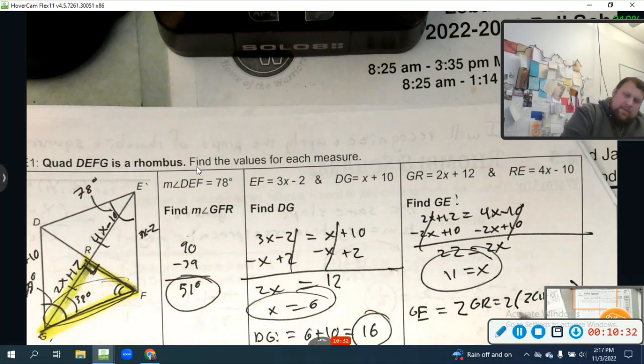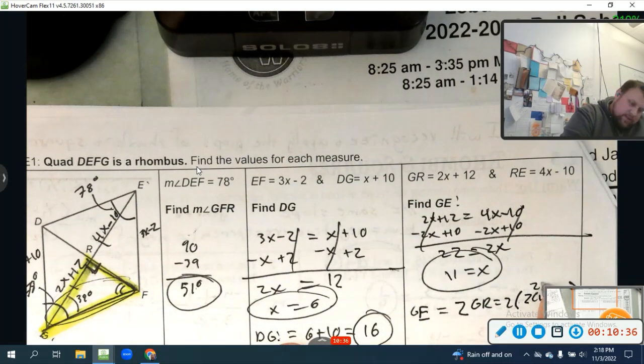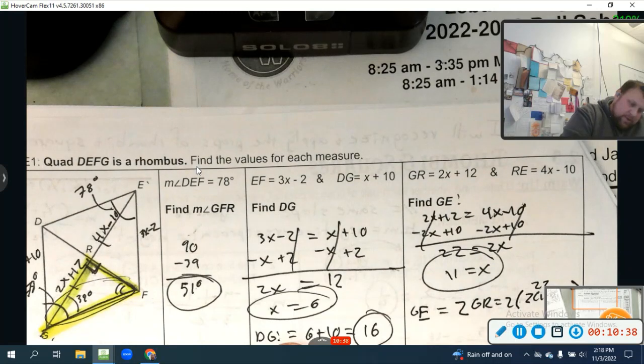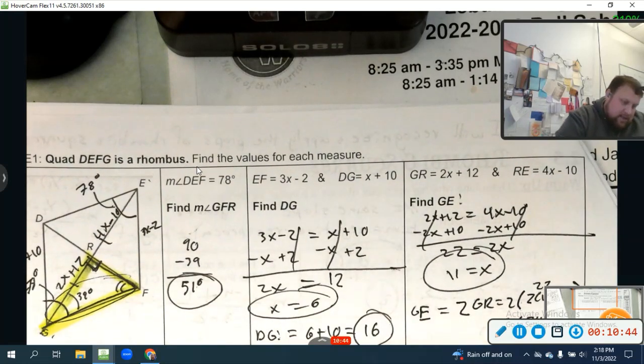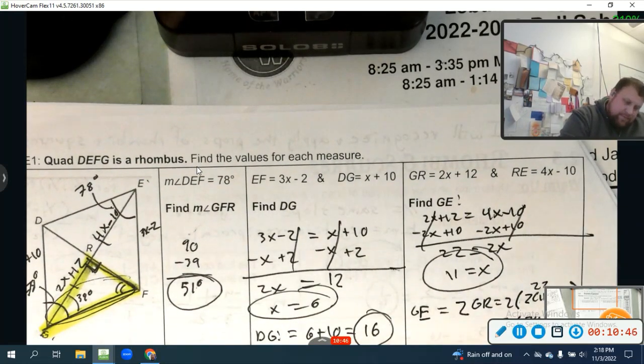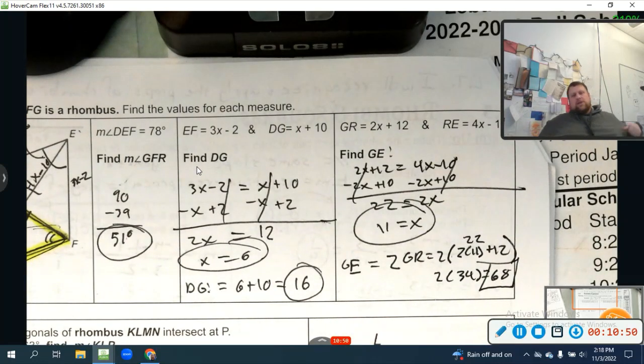See how I'm just multiplying it by 2, since they're both the same size. This is 22. I get 22 plus 12 is 34, so I'm going to have 2 times 34, which equals 68 long. Boom. It's a good problem.